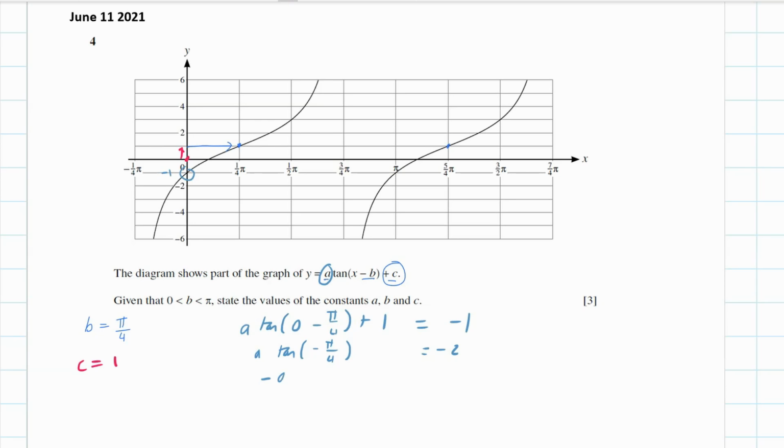So that would be -A equals -2, and so A is equal to 2. So that would be how I'd get that one.